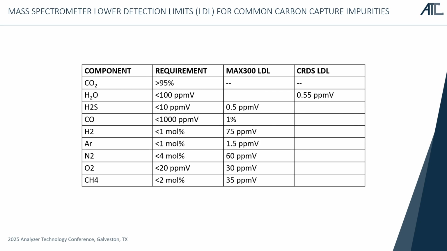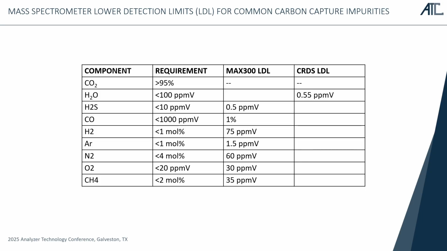Now, in the case of the specific project that I've been talking about up in Alberta along the Alberta Carbon Trunk Line, the mass specs being used are measuring as the primary components these that I have listed here, with a couple of important exceptions that I'm going to mention.